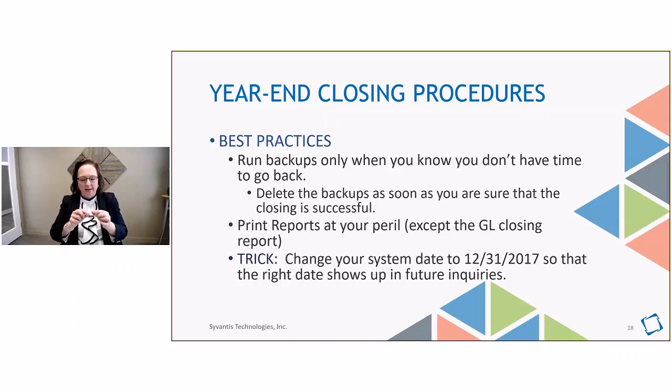When you run, say, accounts receivable close, the window says last close date for future queries, and that date comes from the system date. If you put 12/31/2017 on your system date, it'll put that date in there, and it'll just be less confusing for you in the future. Not necessary, but it's something you can do.